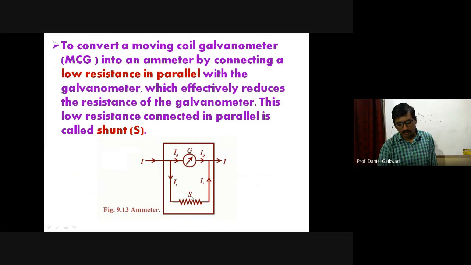Compared to G, S should be very small. Accordingly, a large current should flow through the resistance S, and that is useful for conversion into an ammeter. Ig flows through G and Is flows through S, and together the total current will be I.